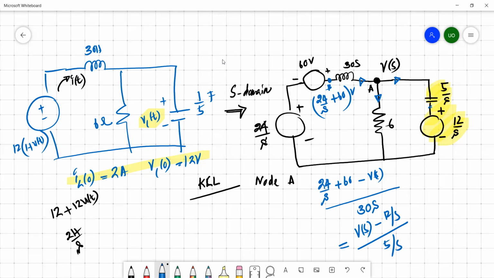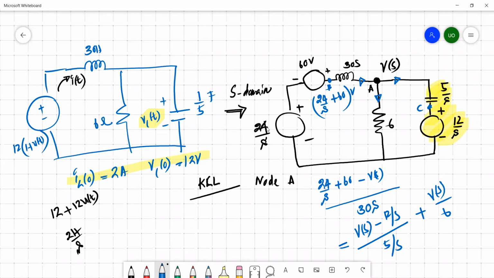Here it's voltage Vs, the voltage at C is basically 12 over S, so just subtract the two voltages and divide by the impedance. It gives the current flowing through this path. Plus, this is also a current leaving from the node A. So we have Vs divided by 6. So this is the equation.